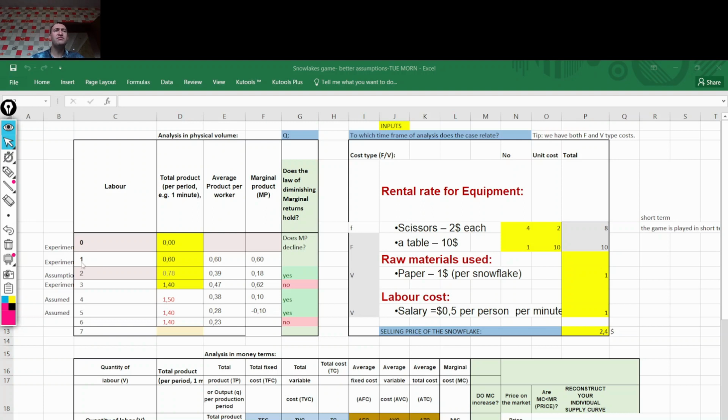First, we employed just one lady to work the snowflake production process, and we measured the productivity of the process with just one person. For us, the table and scissors were fixed factors, but the raw material, the paper used for the snowflakes, and the labor were the variable factors.